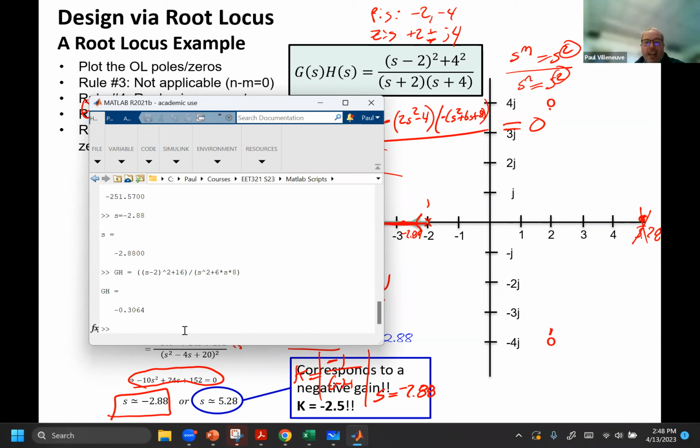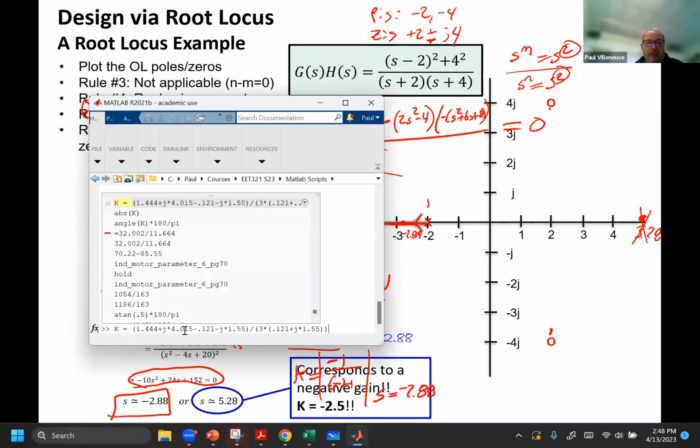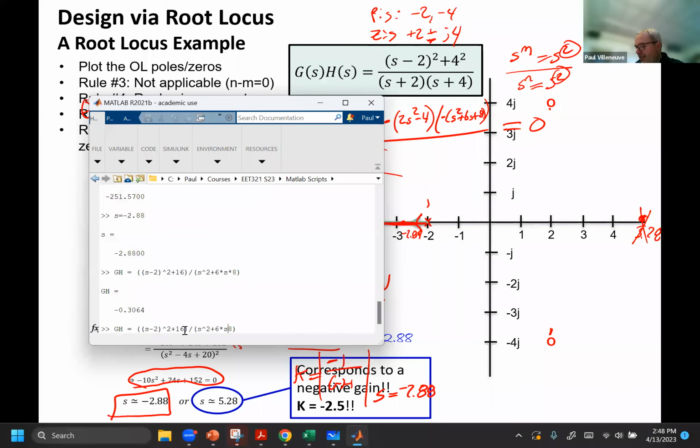My value of K is going to be equal to... I don't want to interrupt you, but you just put multiply, shouldn't it be plus 8? Yes, plus 8, thank you. Sorry about that. Is that what you meant, Joanna? So there's my value of GH.